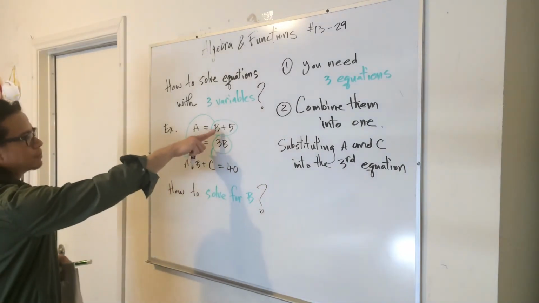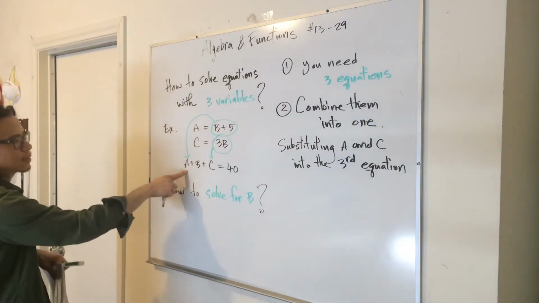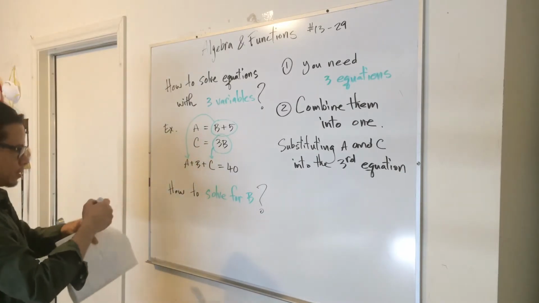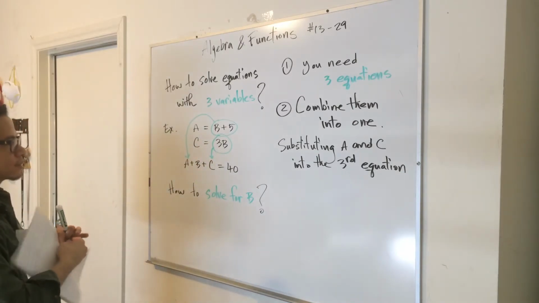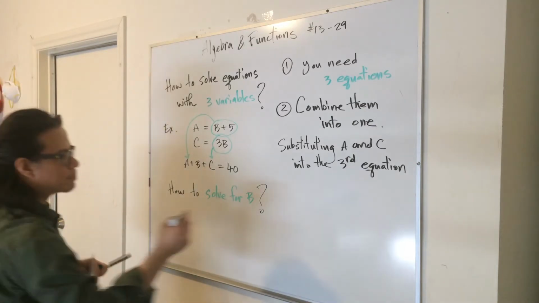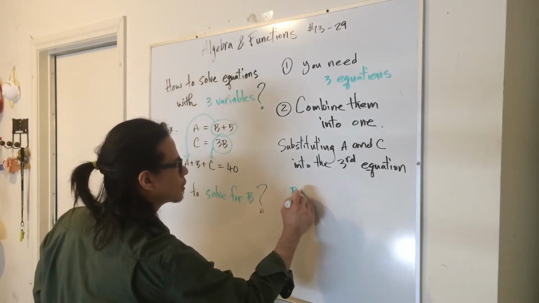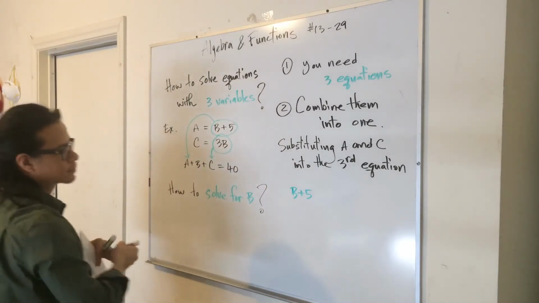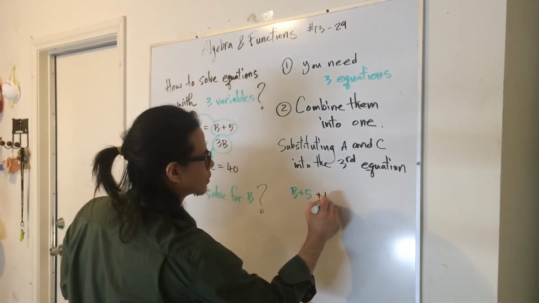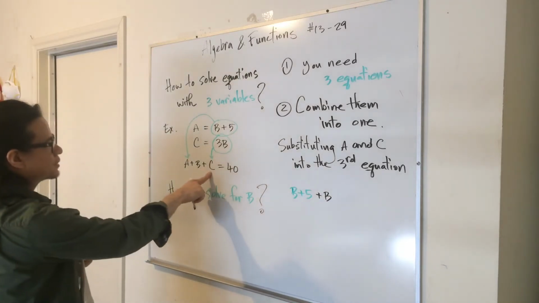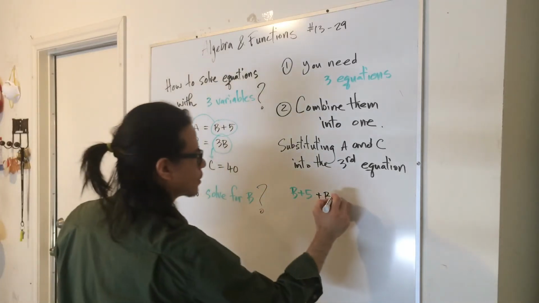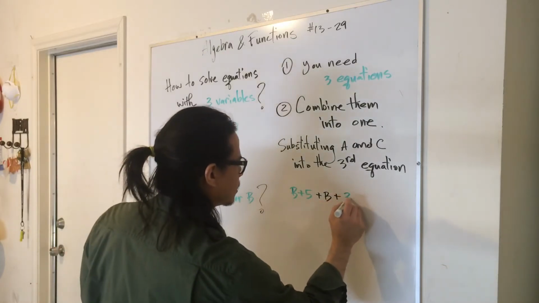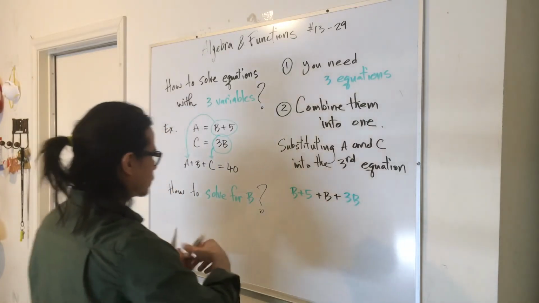So we're going to put b plus 5 in for a. We're going to put 3b in for c. Okay. So let's rewrite it as b plus 5 plus b plus 3b plus 3b is equal to 40.